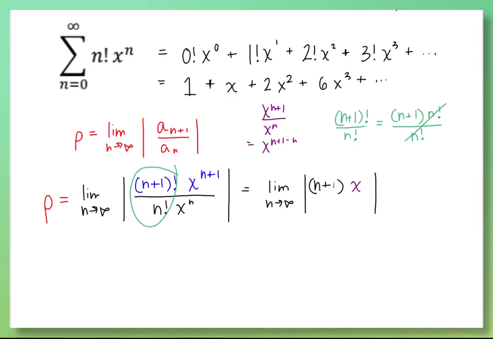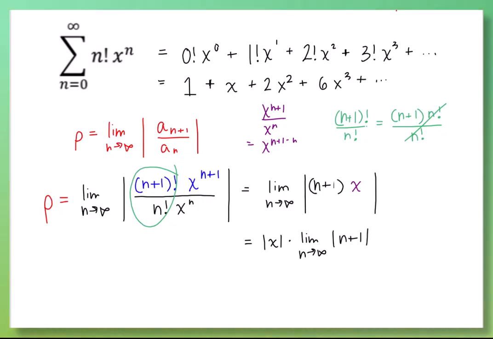Now, we're looking at n going to infinity. That means we're not evaluating the limit for x, and that x can come out in front. So we have the absolute value of x times the limit as n goes to infinity of the absolute value of n plus 1.